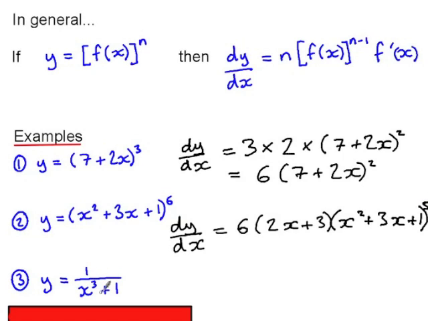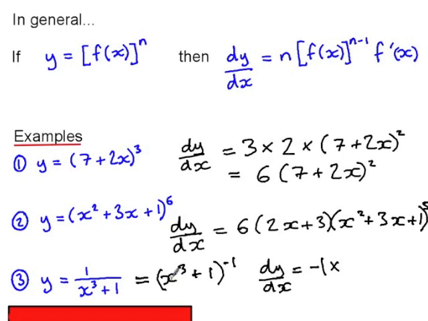And finally, this one looks a little bit different, but because it's 1 over x cubed plus 1, we'll write it using a negative power. So this is x cubed plus 1 to the power of negative 1. Now we've got something that looks like the function of x raised to the power. So when we differentiate, we multiply by the power, so that's negative 1.